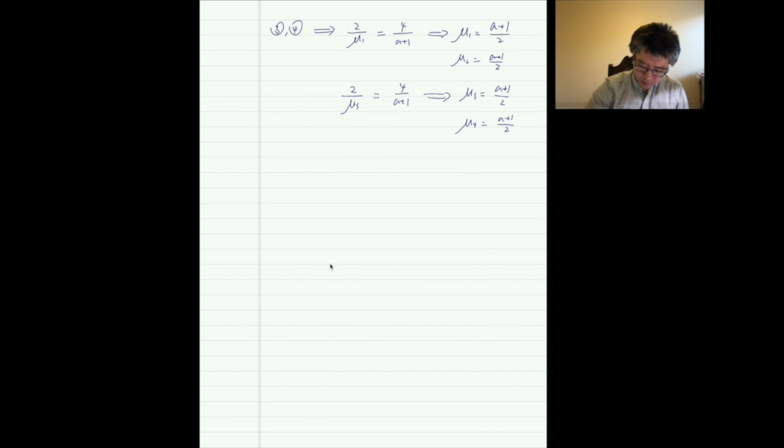From 5, we can obtain that mu, which is (a plus 1) over 2, equals q1 plus q2 plus a q3 plus q4. And from 6, we get the opposite, sort of.